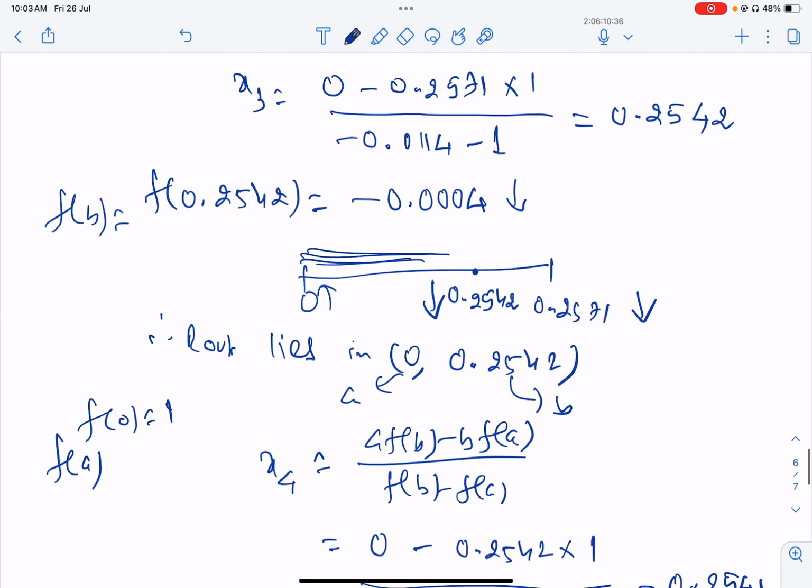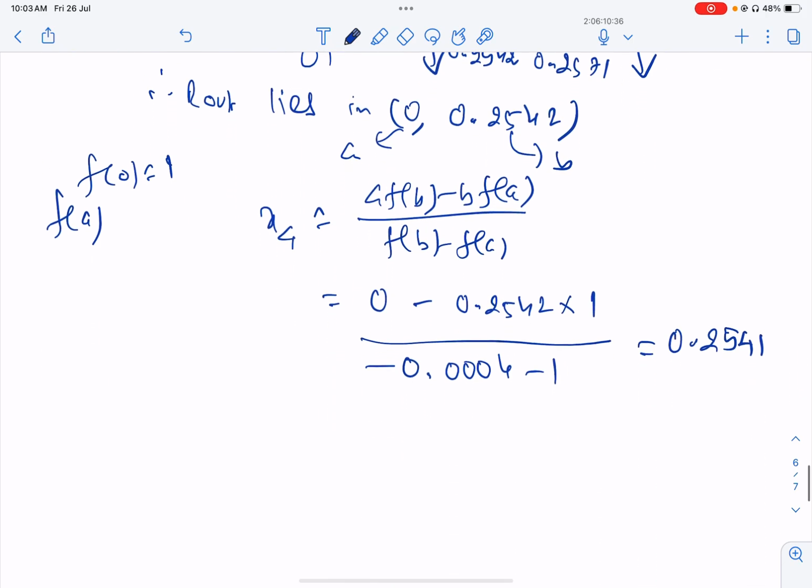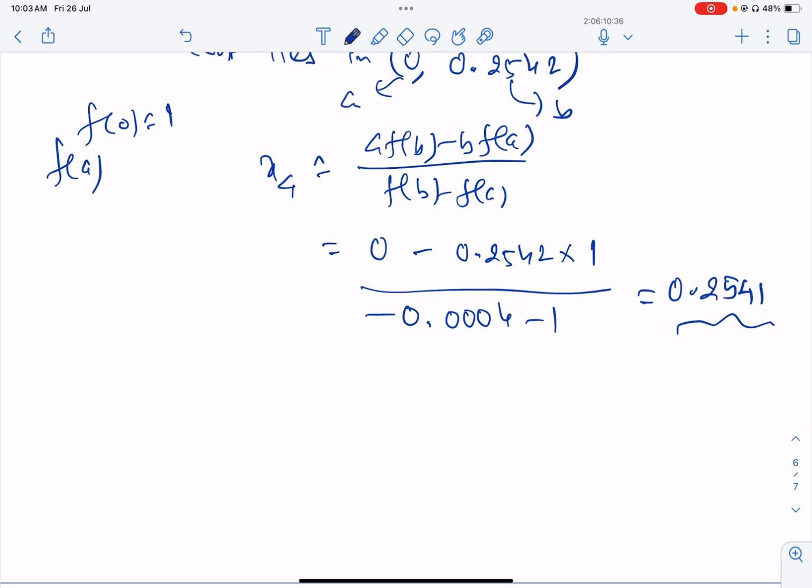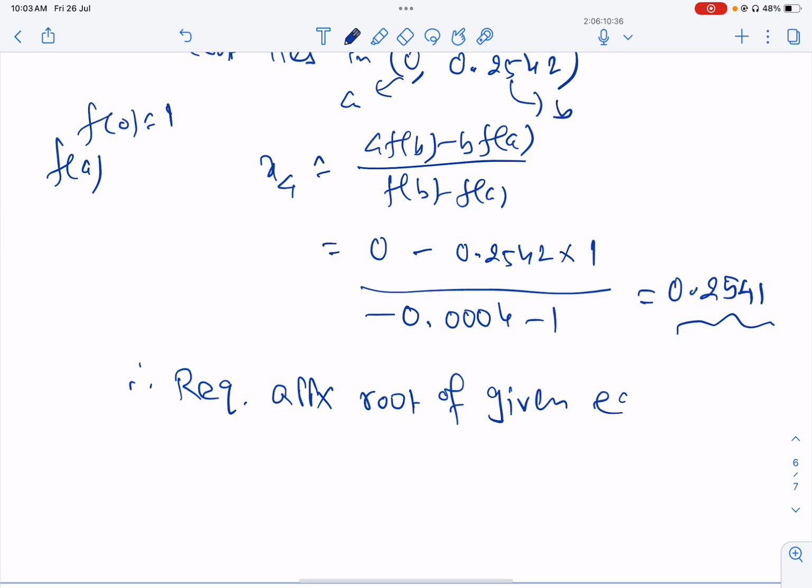So earlier it was 0.2542, now it is 0.2541, and we are asked correct up to 3 decimal places. So therefore you can say that the required approximate root of the given equation is 0.254. This is your answer. Thank you.